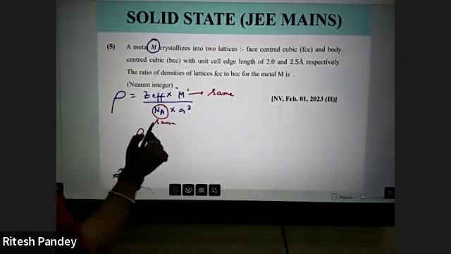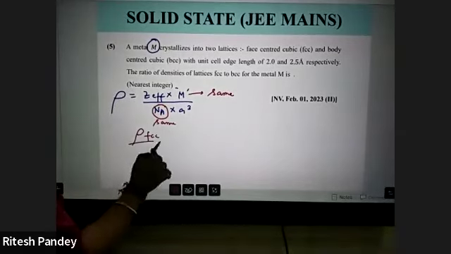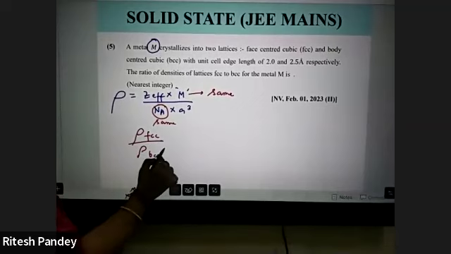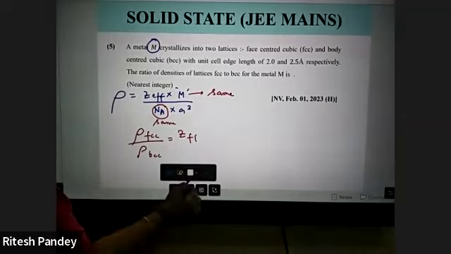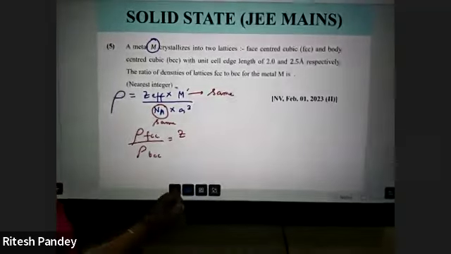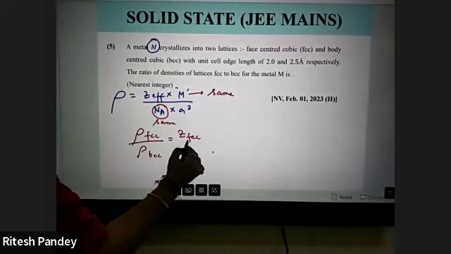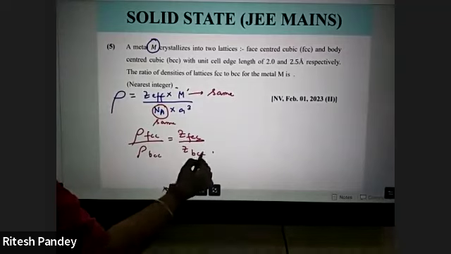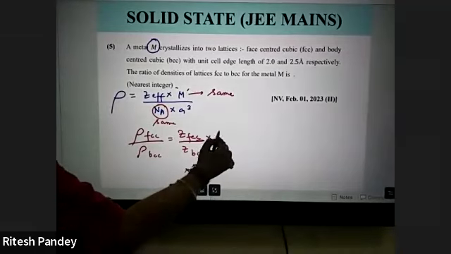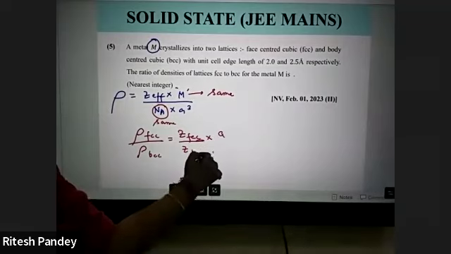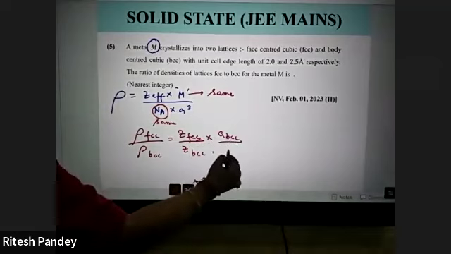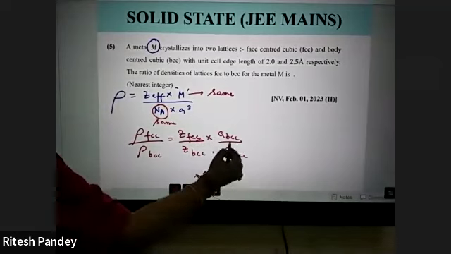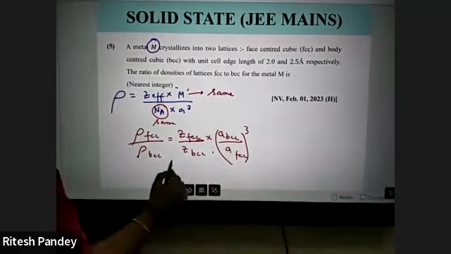So when it comes to the density FCC versus density BCC, it will be Z effective FCC upon Z effective BCC. And I'll take the A of BCC, which is again a value given, upon A of FCC and cube of this.